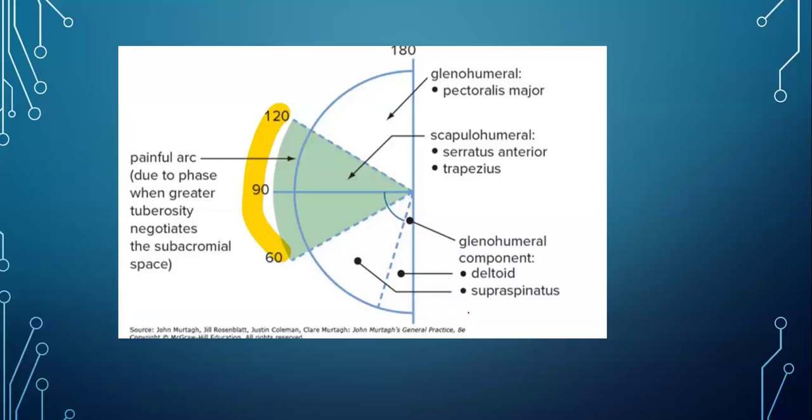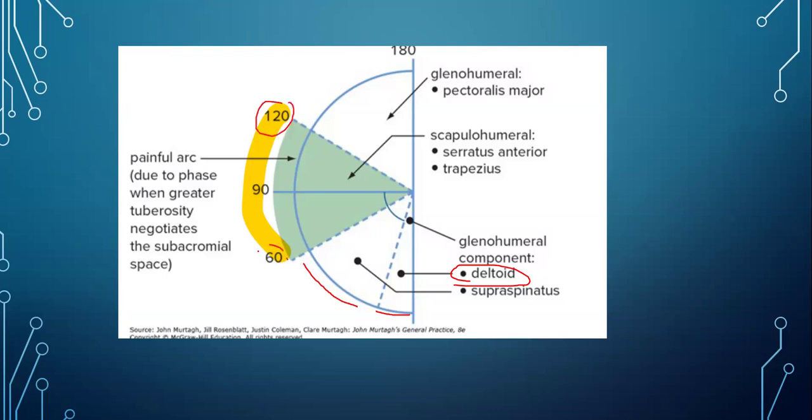Now, when we see a patient who is having difficulty with abduction of the shoulder, we want to find out what has caused this problem. Now, if you look over here, the initial 15 degrees, this bit is done by the deltoid muscle, and then from 15 to 60 degrees, that's done by the supraspinatus muscle.